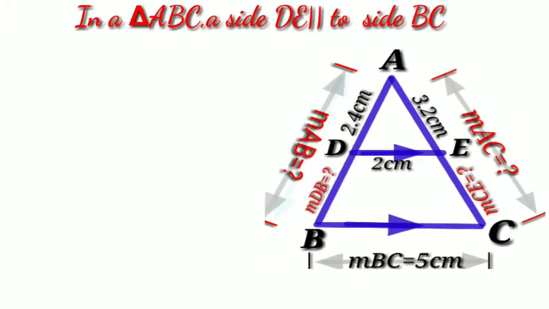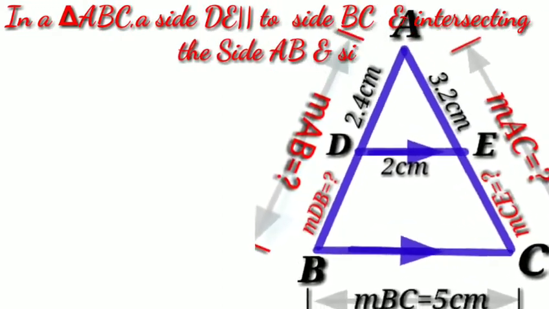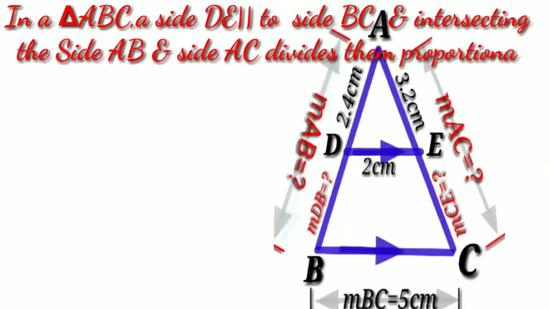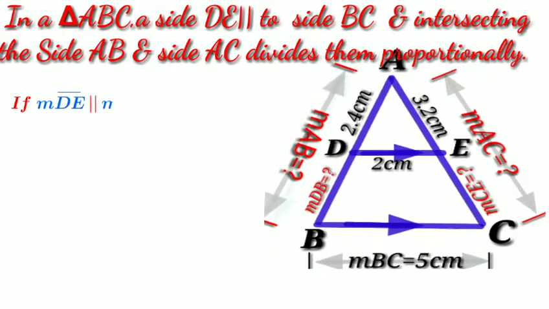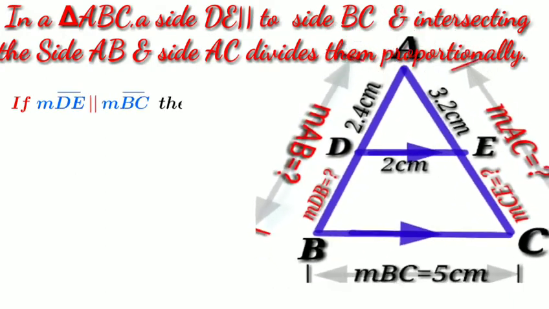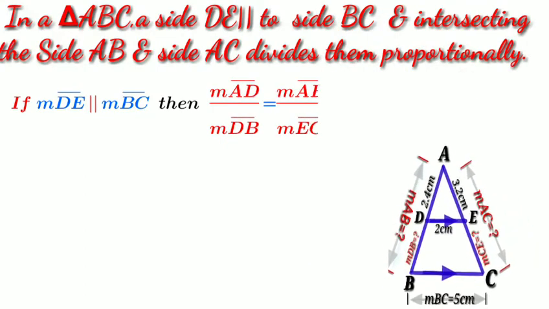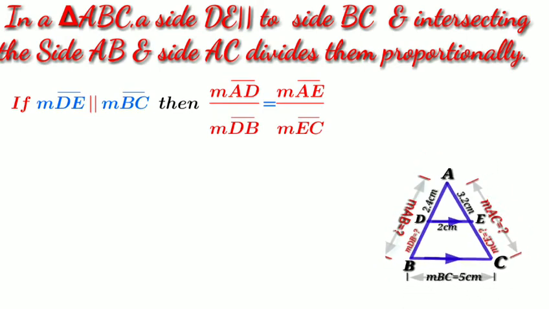In a triangle ABC, a side DE parallel to the side BC and intersecting the sides AB and AC divides them proportionally. So its equation can be written as, if side DE is parallel to side BC, then side AD ratio side DB is equal to side AE ratio side EC.